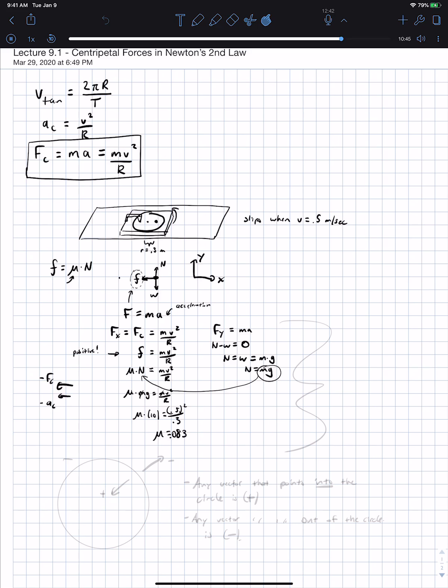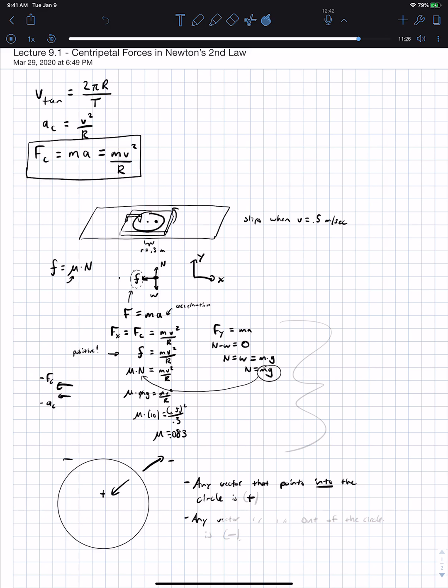Another way to describe directions in circular motion is, if you have a circle, everything that points toward the center of the circle is positive, and everything that points outside the circle is negative. That's another way to do it, and that's the way I would recommend you guys do it. So note, any vector that points into the circle is positive.